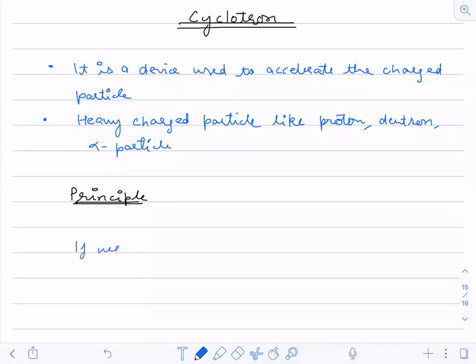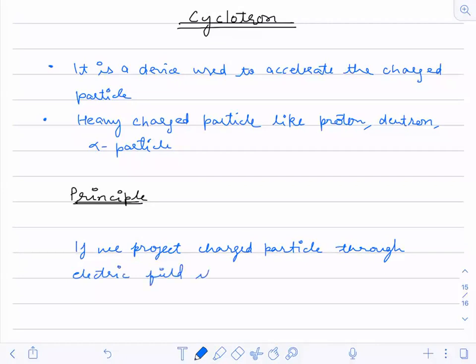So if we project a charged particle through an electric field, its energy or its velocity increases.